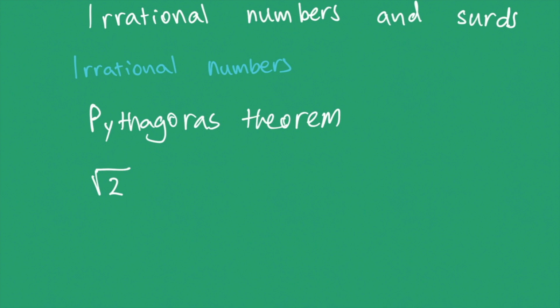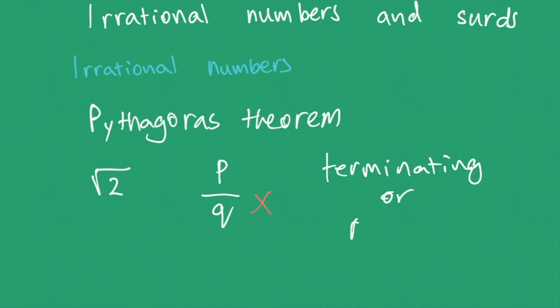An irrational number is a number that is not rational. So an irrational number cannot be written in the form of p over q. Besides that, it cannot be written as a terminating or repeating decimal.